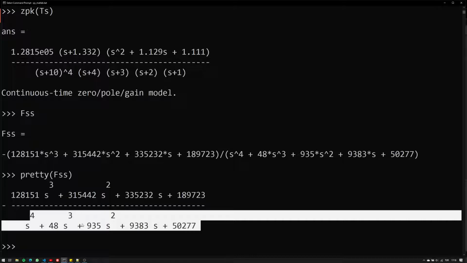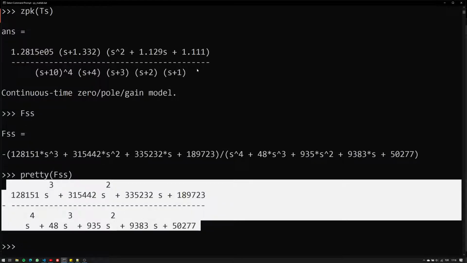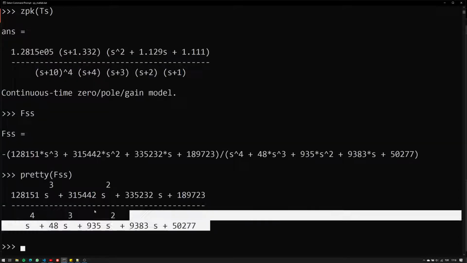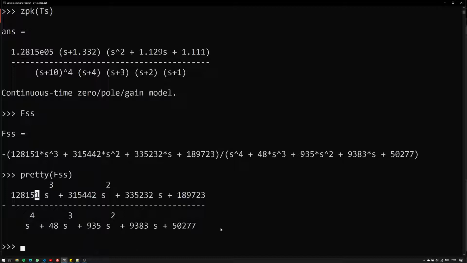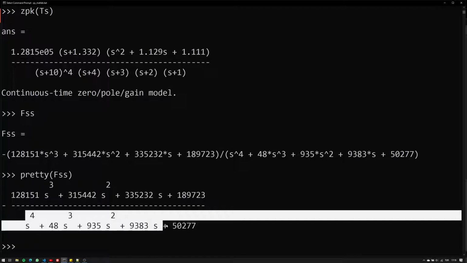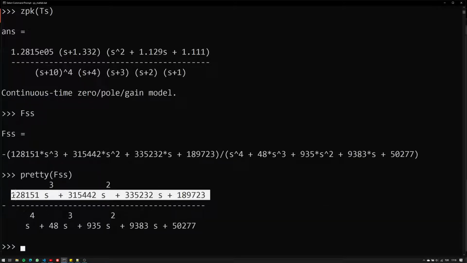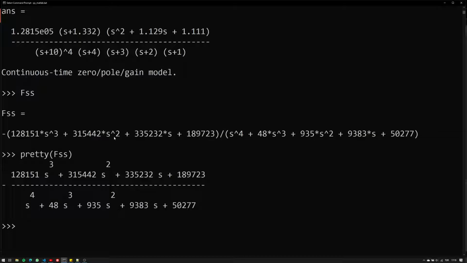But if it's not available, you just generate it. So the controller has some sort of the system information embedded into it, and it is a higher order controller than expected, because most of the time we would attack this problem by designing a PID controller which would have just s here and then 2 zeros here. So there are far more zeros and poles in the controller itself.